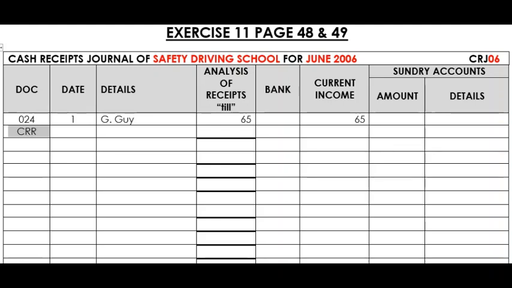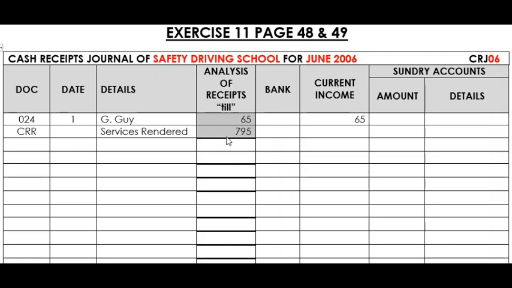Please don't make a tick mark, right? CRR is an abbreviation for cash register roll. You don't write the 1st again, it's still the same day. You write services rendered because customers would have paid us for services rendered. The value is 795 Rand, and now you can cash up your till because this is the last transaction for the day.